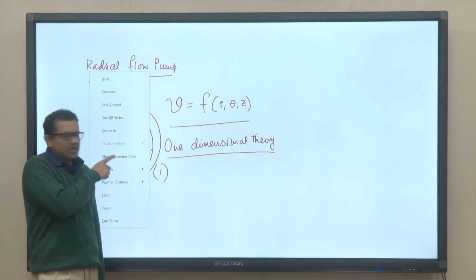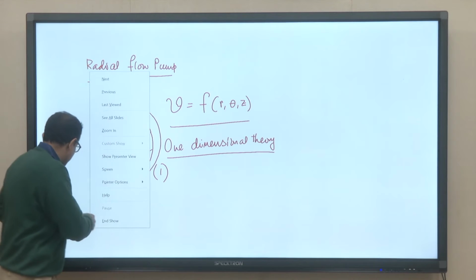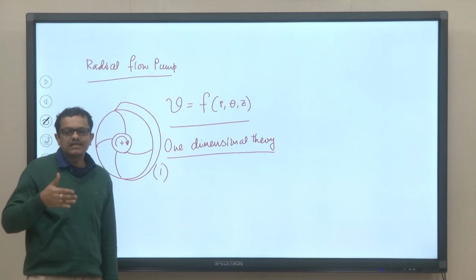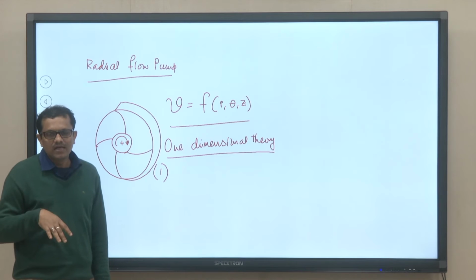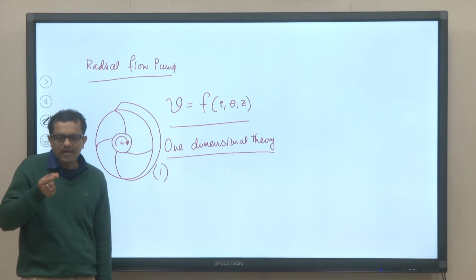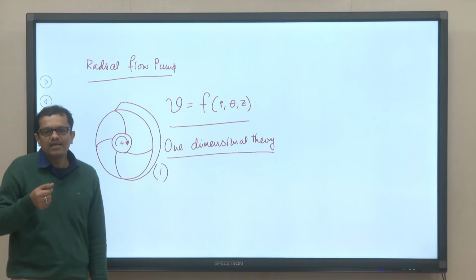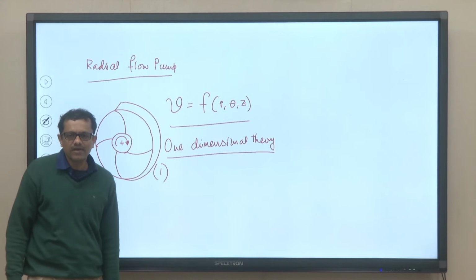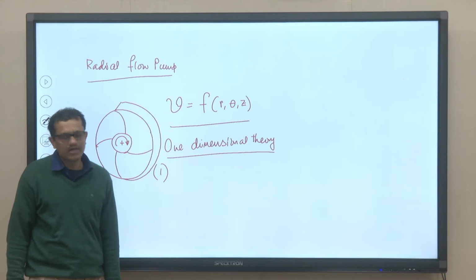The presence of the blade will make a change in pressure inside the flow field, but it is assumed that the blades are so thin that the pressure difference across the blade can be replaced by an imaginary force which is acting on the fluid element, fluid mass, and producing torque, right.